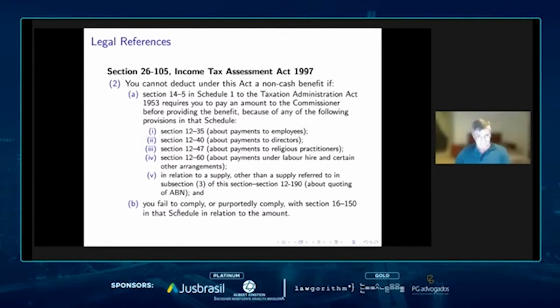And finally, we have something about failure to comply with another section. So as you can see, references are quite common in legal documents. If we want to encode those documents in a machine executable way, we have to be able to resolve them. Otherwise, we cannot do the encoding and we cannot reason about them.